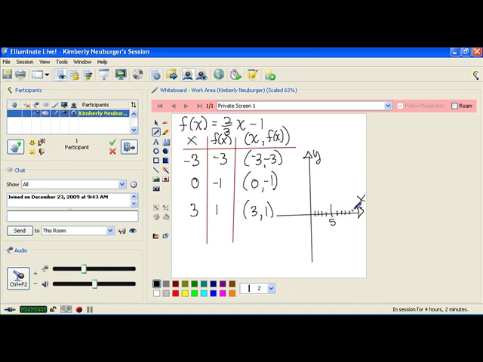We'll put a few values on here to know our scale. And then plotting our first point that we found here is -3, -3. So we go to -3 on the x, then -3 on the y, and we'll plot it right there.